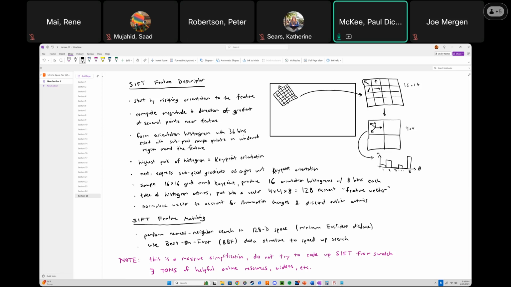And then all of those, so now there's 8 bins in this, and there's 16 total of this, which gives us 128 unique numbers. So in the end, you're left with basically, if you line up all of your histograms, a bar graph with 128 individual entries. That's the idea. And then that particular sequence of entries should be completely unique to that feature.